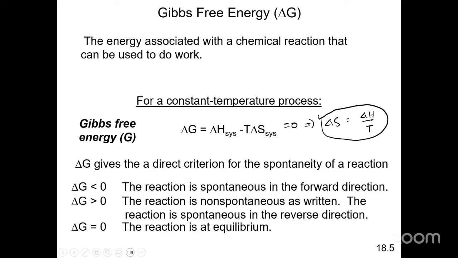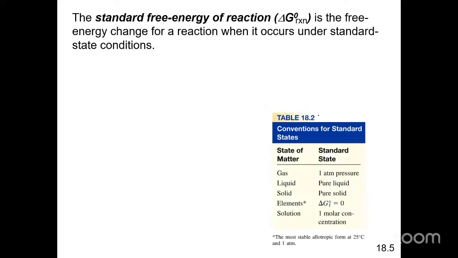Delta S is equal to delta H divided by the temperature, which, by the way, must be in Kelvin. In fact, in all of these equations where temperature occurs, it must be in Kelvin, all right? So that is the relationship between the free energy, delta H, T, and delta S, and we can use this to predict whether or not a reaction is spontaneous, all right?